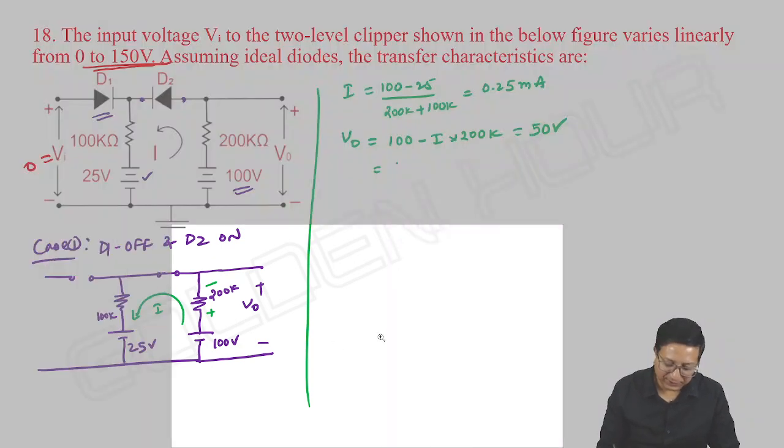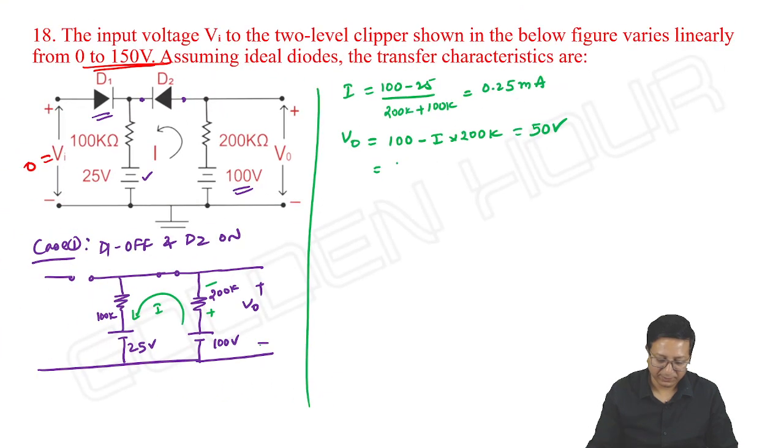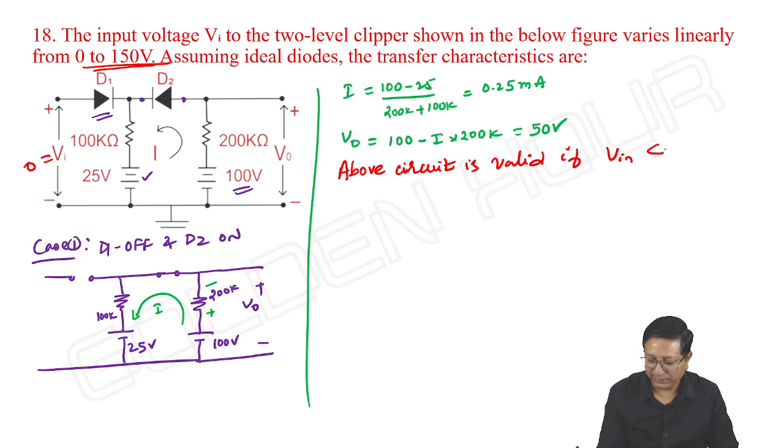And of course, this circuit is valid if input is less than breakpoint 1 as usual.